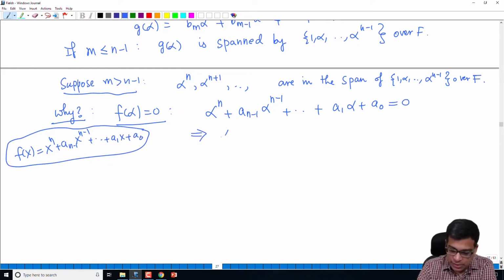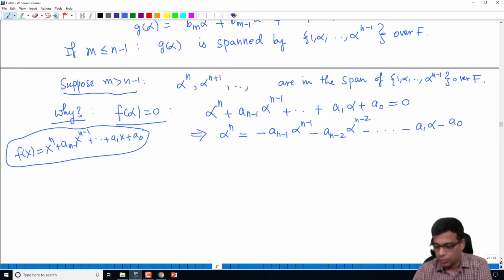This implies alpha^n is equal to minus a_{n-1} alpha^{n-1} minus a_{n-2} alpha^{n-2} minus ... minus a_1 alpha minus a_0.